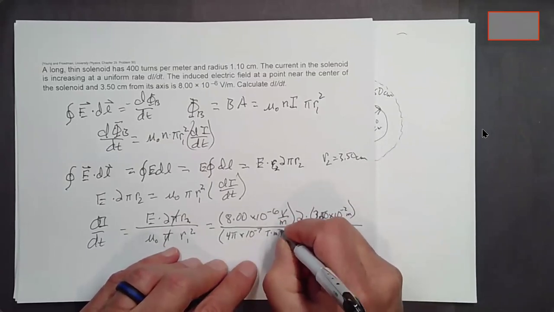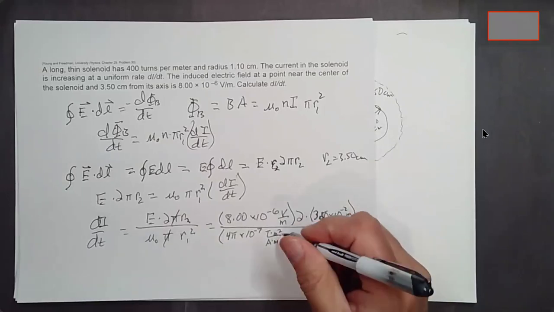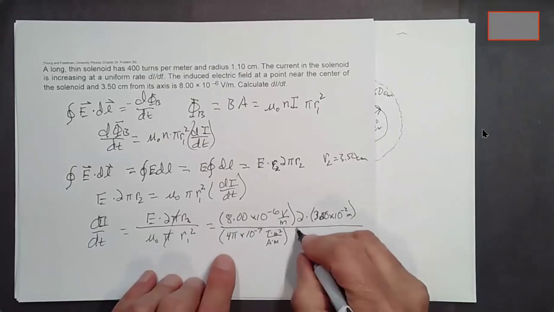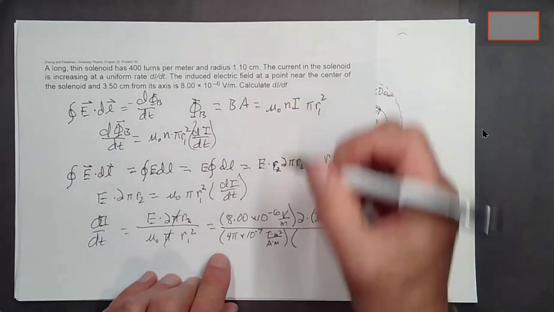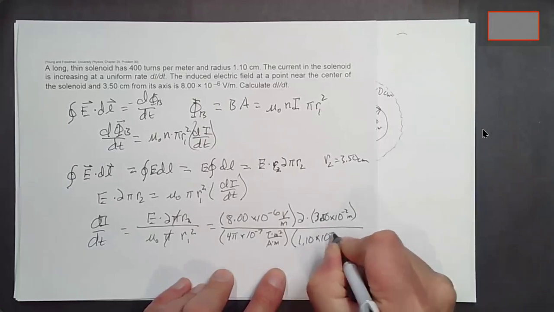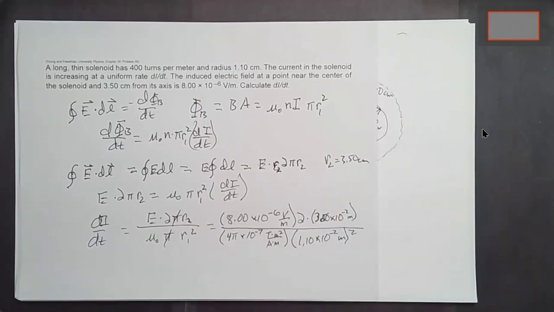Tesla meters squared per amp meter, which looks like Tesla meters per amp, I think. Okay, and then R1 is the 1.10 centimeters, so 1.10 times 10 to the minus 2 meters squared.